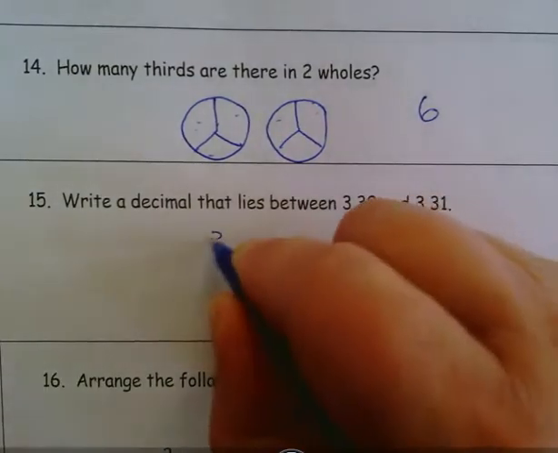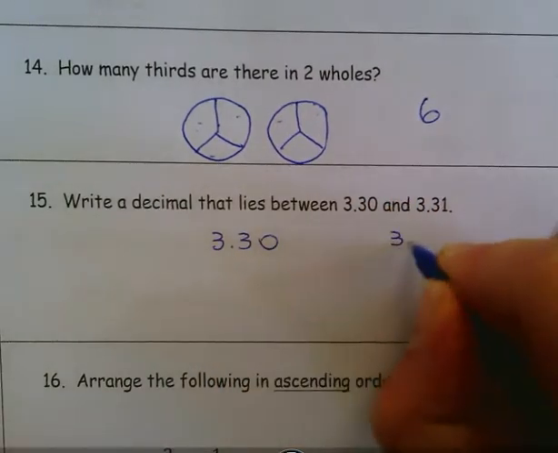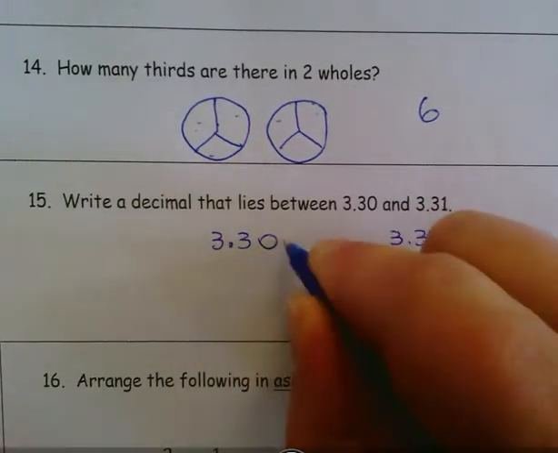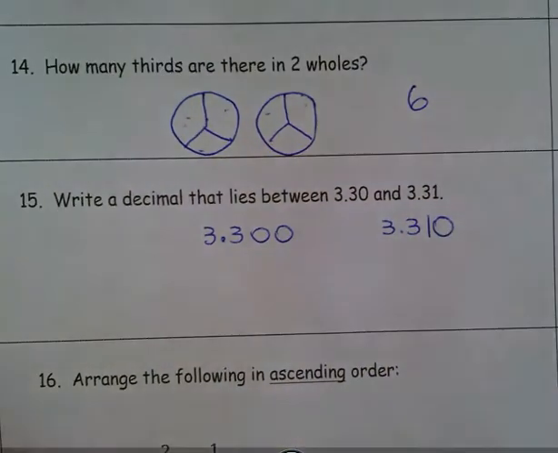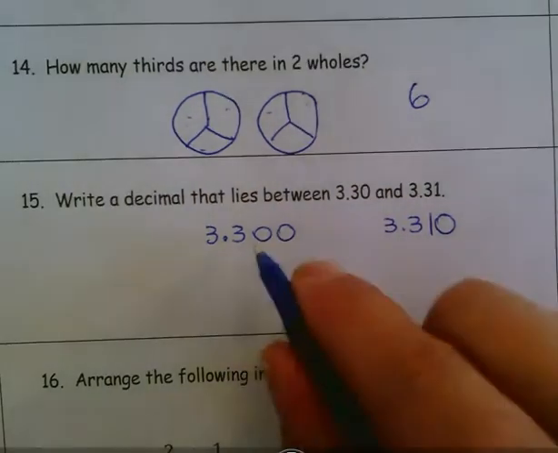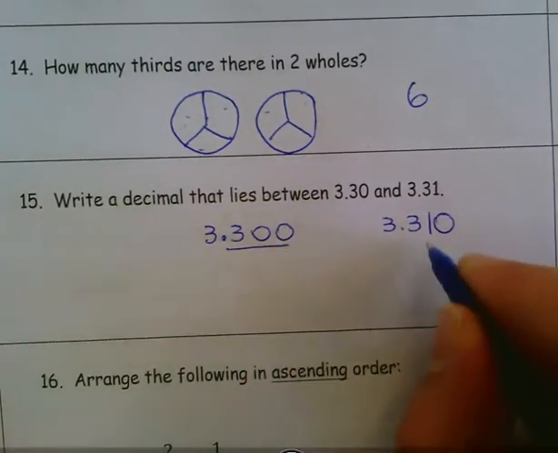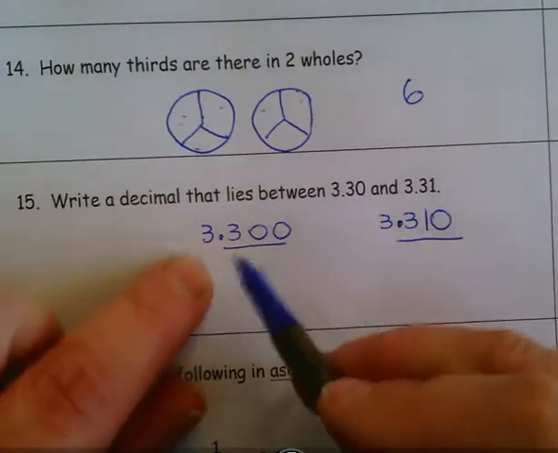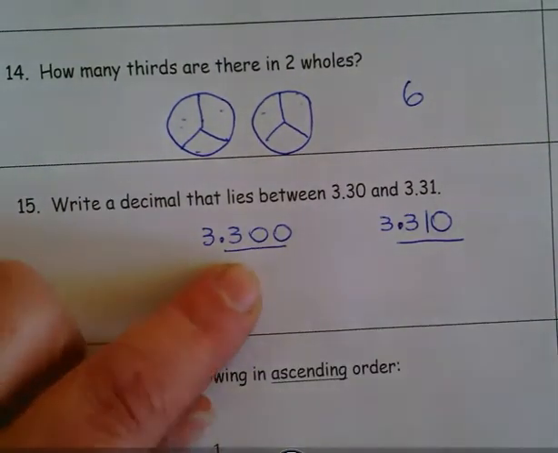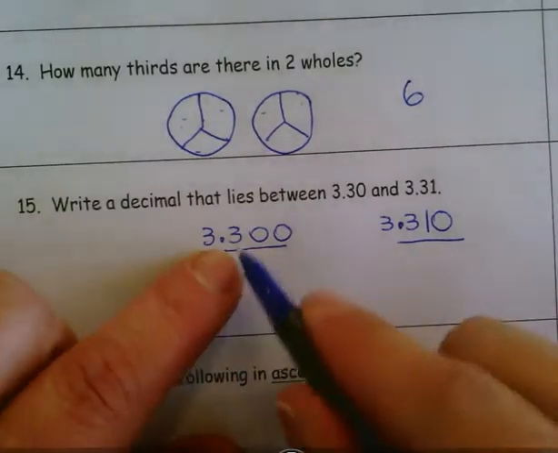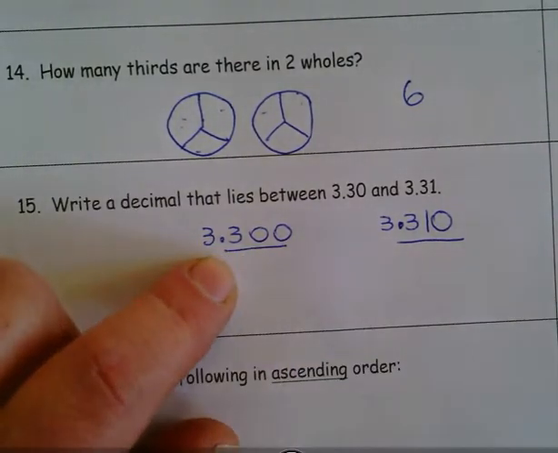The best thing to do is write out your 2 numbers and add on a 0 at the end of each of those numbers, and then underline the bits after the decimal point. You're not supposed to say 3.300. That's incorrect. But for this particular question, it's easier to think of it like that.